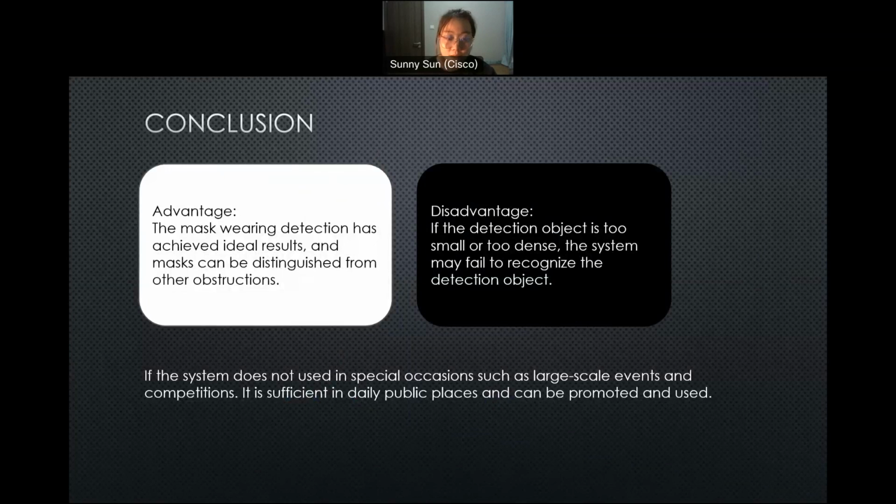In conclusion, the mask-wearing detection has achieved ideal results, and the mask can be distinguished from other objects. But in special conditions, if the detection object is too small or too dense, the system may fail to recognize it. So while it is not suitable for special occasions such as large-scale events or competitions, it is sufficient for daily public places and can be promoted and used.